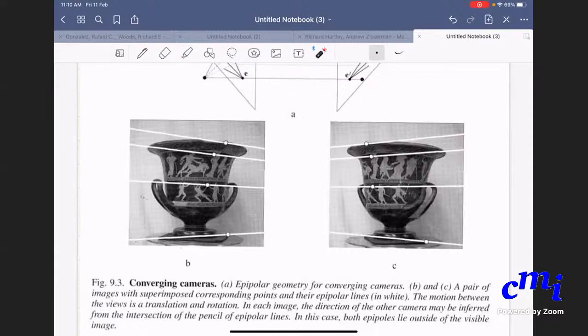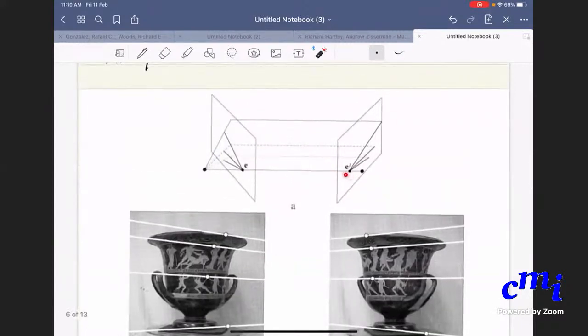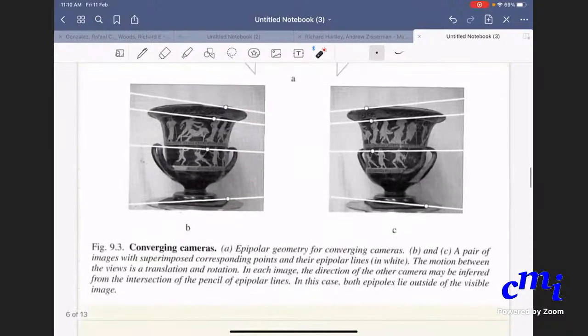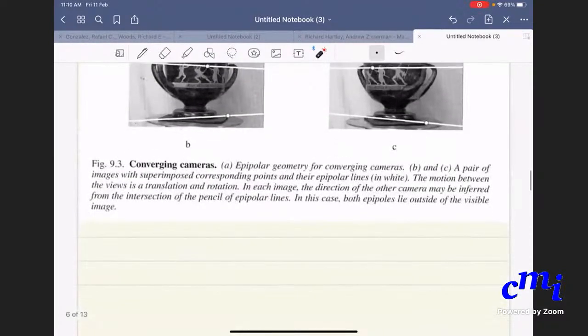For actual images, this is what epipolar lines look like. Although in our geometric picture these epipolar lines meet at the epipole, in real life you may not see the epipole. Maybe these lines go ahead and meet somewhere. That will be the epipole for this image, and wherever these four lines meet, that will be the epipole for the other image. So this is one example of epipolar geometry.